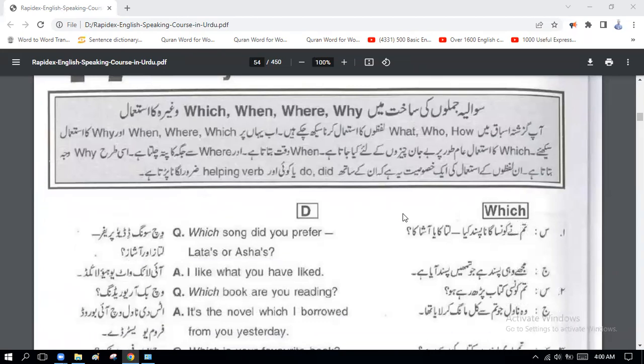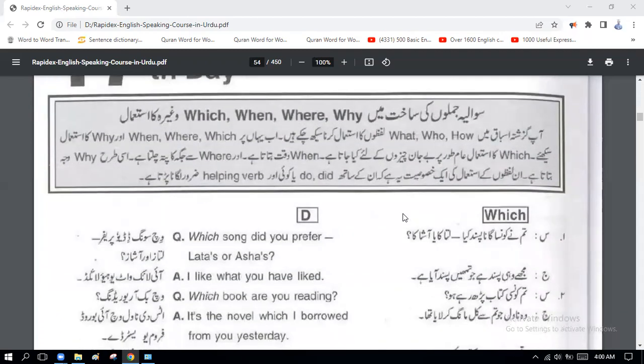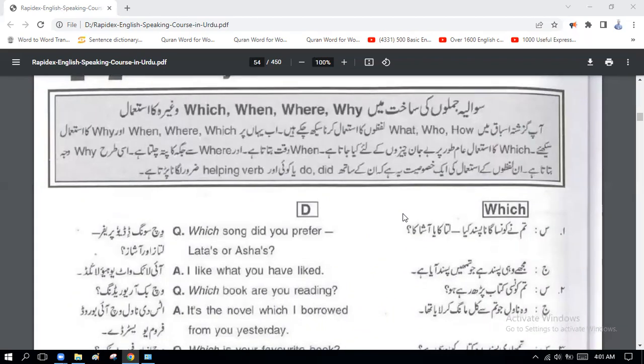When these words are followed by a helping verb, they become questions. But if they are not followed by a helping verb, again I say why, where, when, what, how, who, whose, whom, which, 9 words, then they are not making a question. Rather, it becomes a simple sentence.